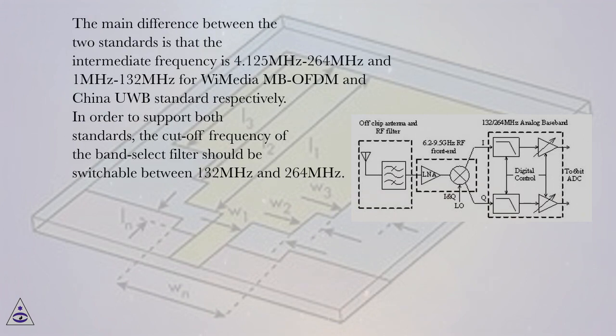The main difference between the two standards is that the intermediate frequency is 4.125 MHz to 264 MHz and 1 MHz to 132 MHz for WiMedia MB-OFDM and China UWB standard respectively. In order to support both standards, the cutoff frequency of the band select filter should be switchable between 132 MHz and 264 MHz.